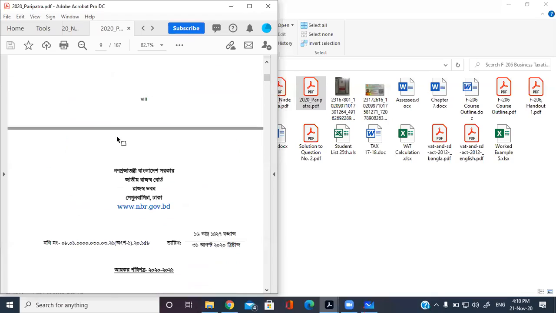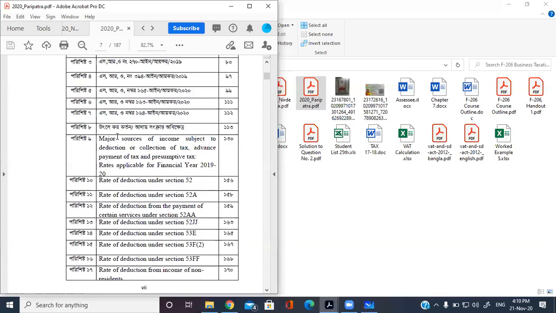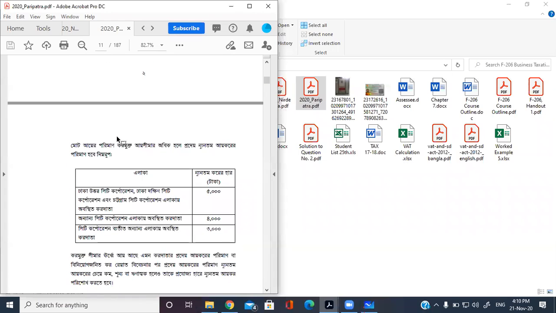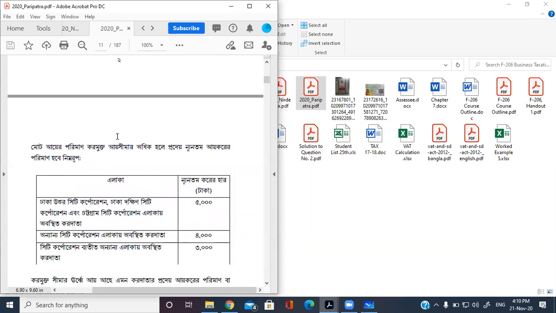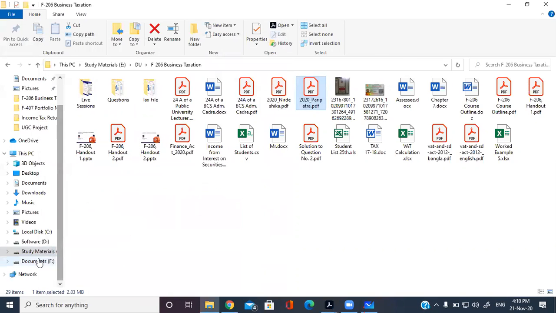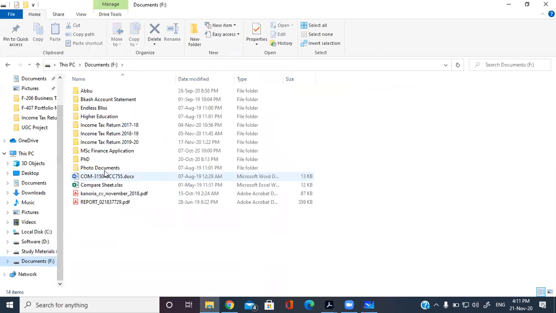So let me show you the reference. Okay, this is here. You see? Yes sir. So this is how we need to calculate the taxable income from salary and tax liability.